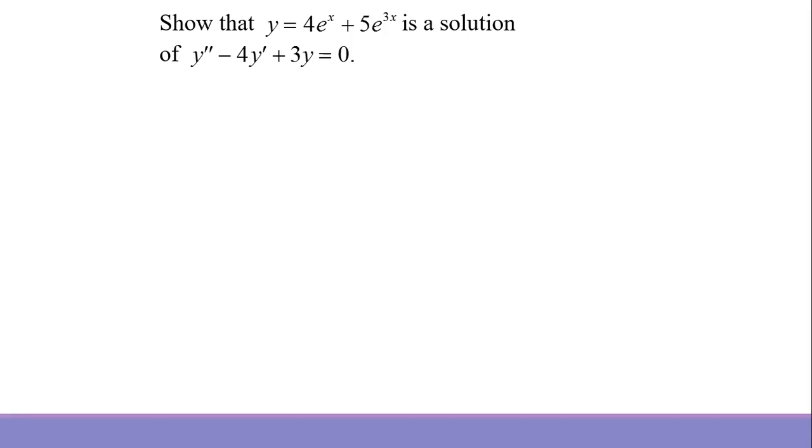So now let's see if we can prove that we have found a solution to a differential equation. First of all, let's think about the notation here. y equals 4e to the x plus 5e to the 3x is an equation which describes a value for y. We want to show that that's a solution of another equation.